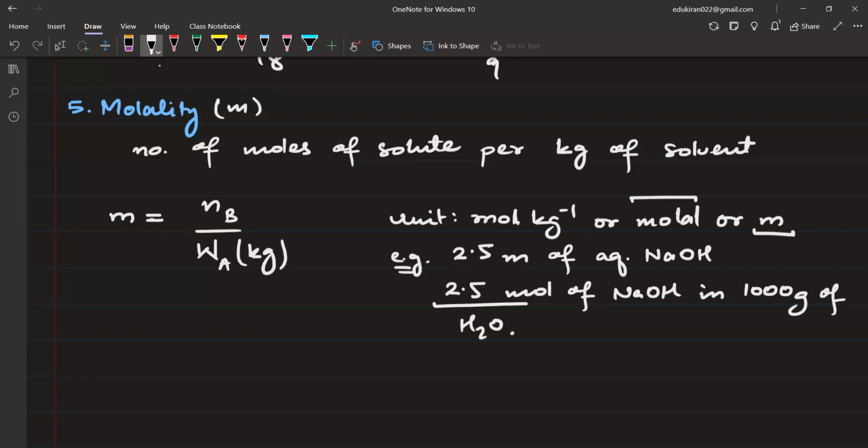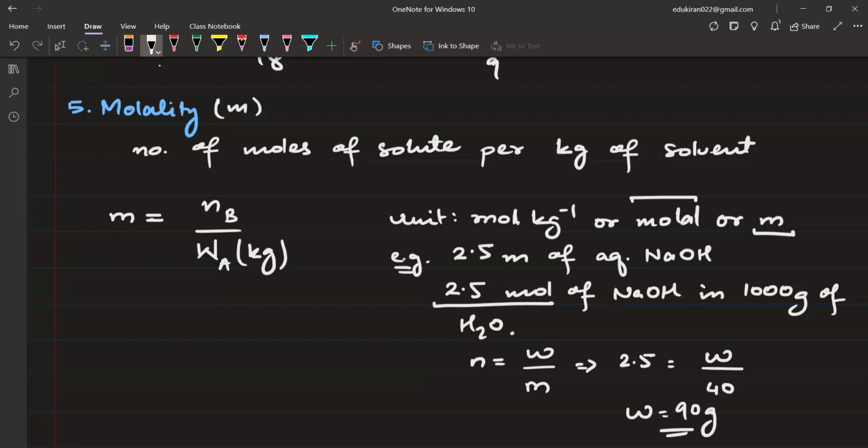And if you have the moles of NaOH, then you can use the formula: number of moles is equal to the given mass by molar mass. So n is 2.5. Given mass you don't know, but you know the molar mass of NaOH to be 40. If you multiply this, 40 times 2.5 is 100. So W will be equal to 100 grams.